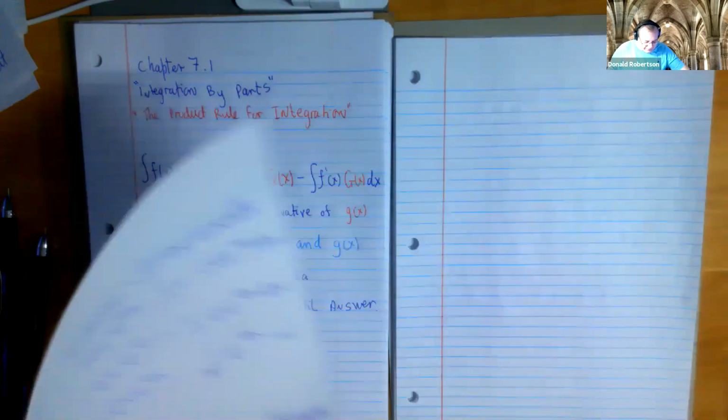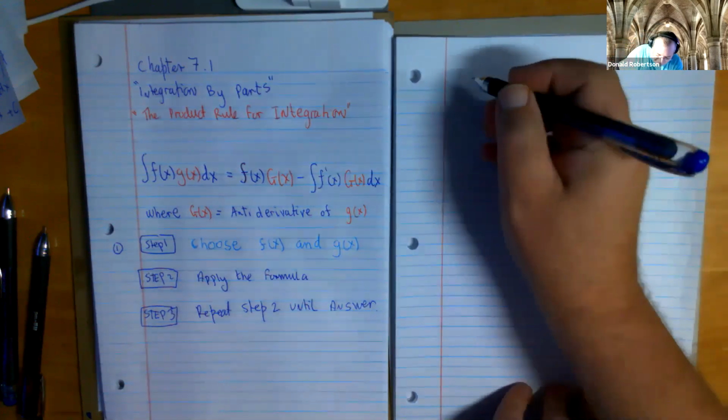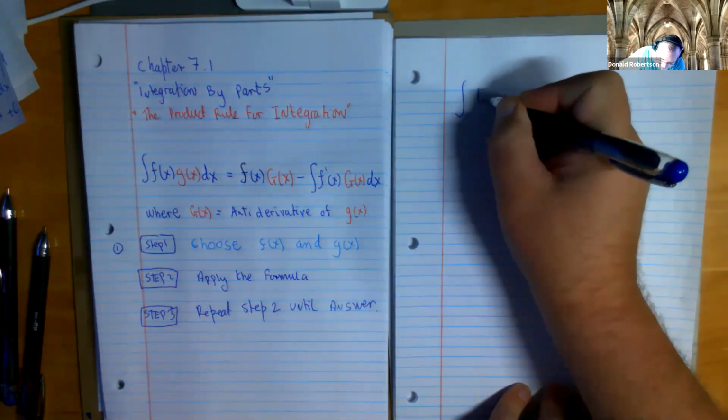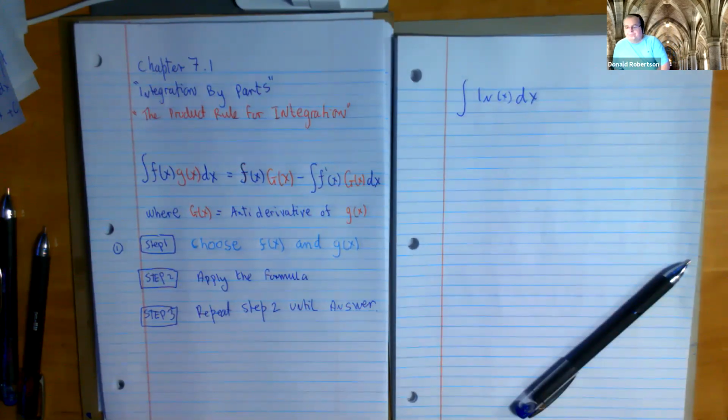Now, let's see what we've got in store, because there's lots of nuances we haven't even touched yet. Here's a nuance. That guy. But wait a minute. I need 2 functions. That's only one. It's log x.